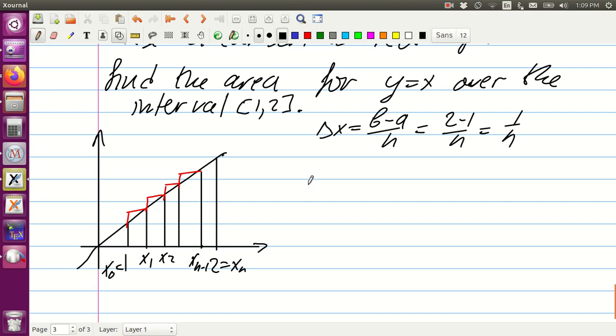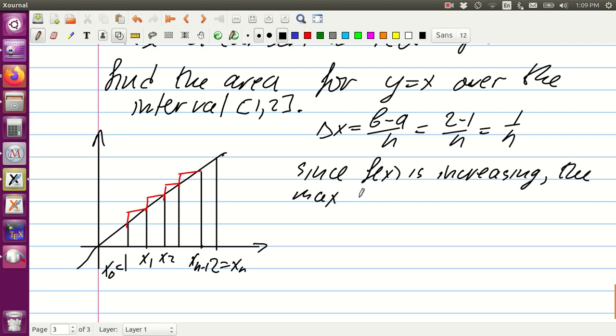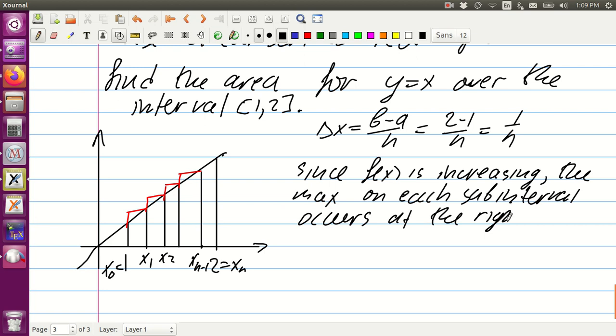And since our function f of x is increasing, the maximum on each subinterval occurs at the right end point.